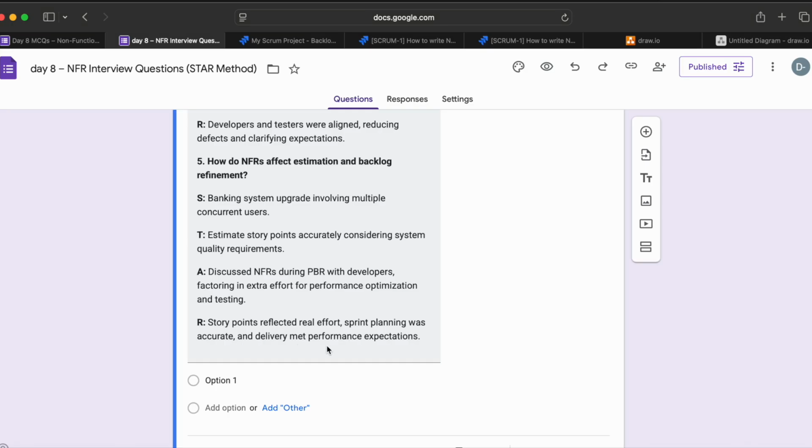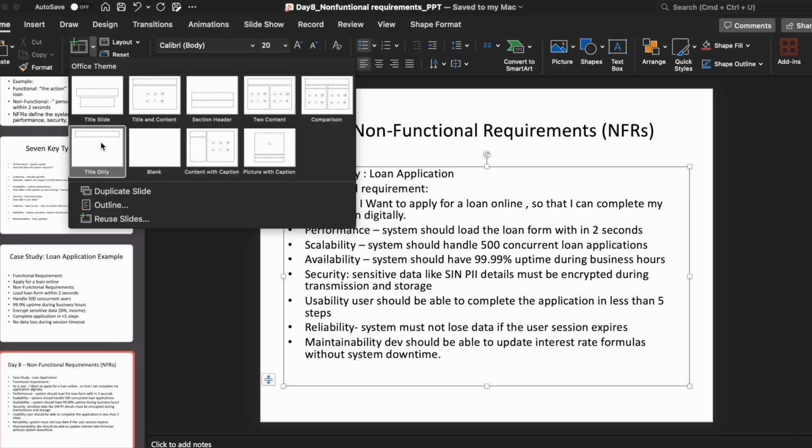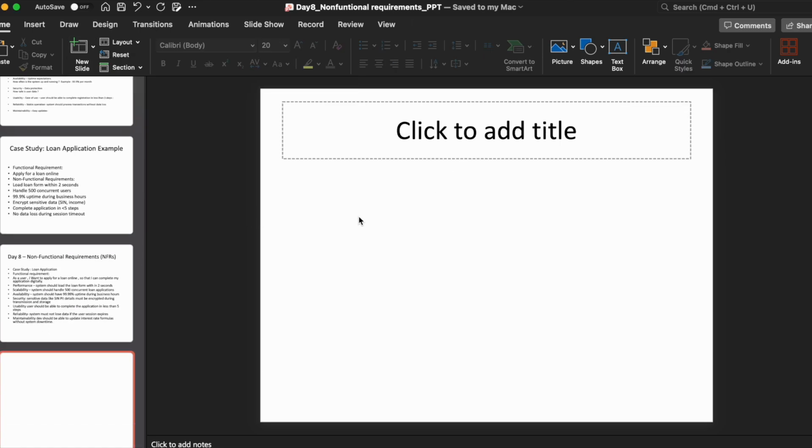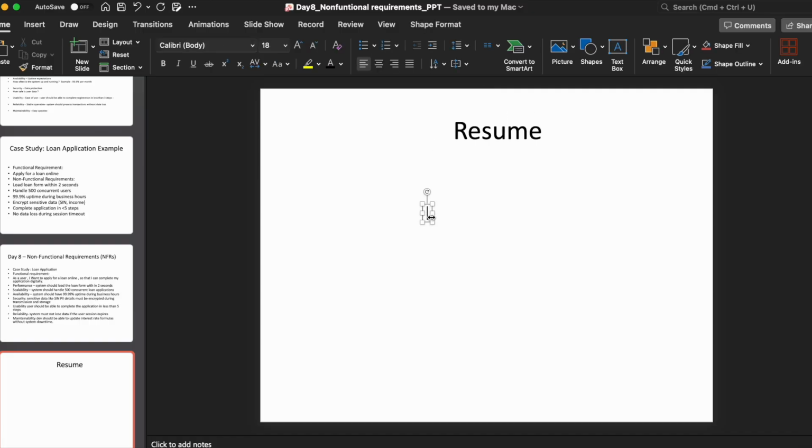Okay, that's it. So let's capture what you can include in your resume, right? Let's note down what you can include in your resume.